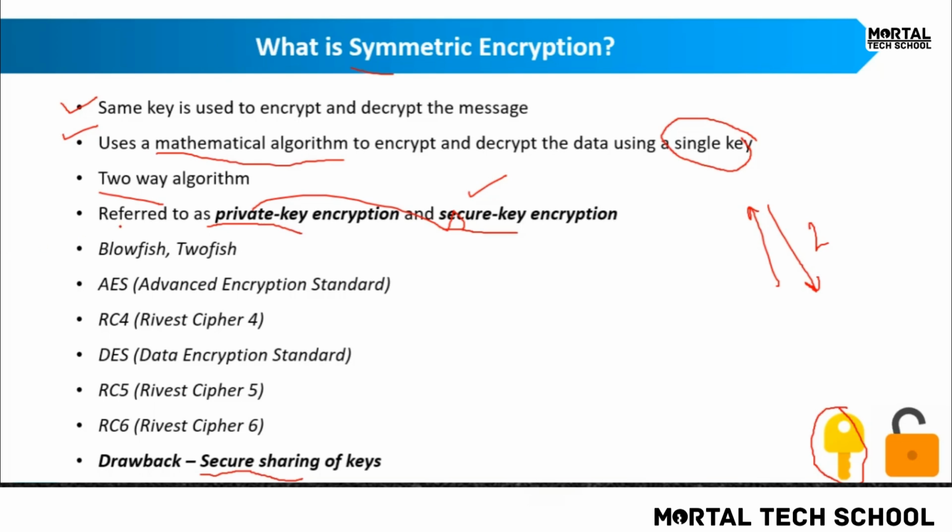Well, what is the advantage of symmetric encryption? You must ask, if there are two keys and that is more secure, why have symmetric encryption in place? Well, the most fundamental advantage of symmetric key encryption is speed. It is much faster than asymmetric encryption.